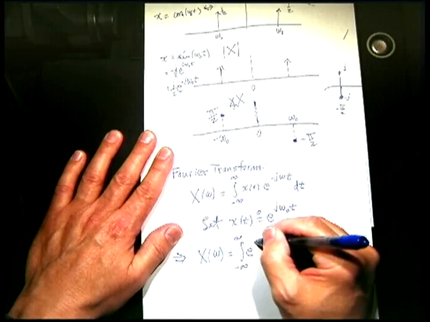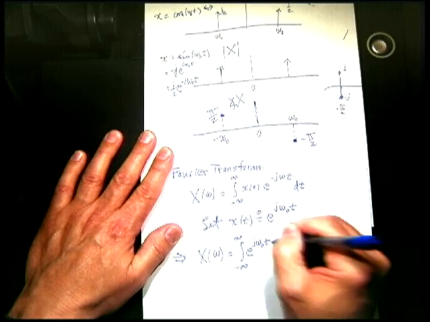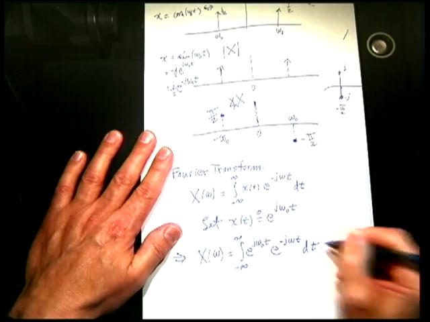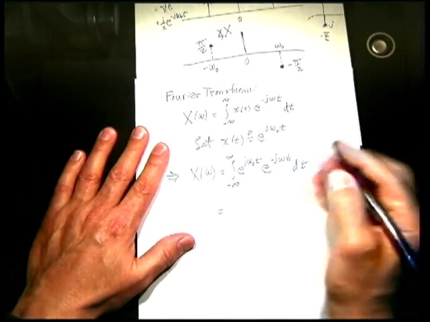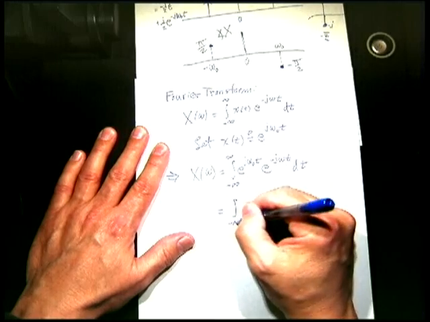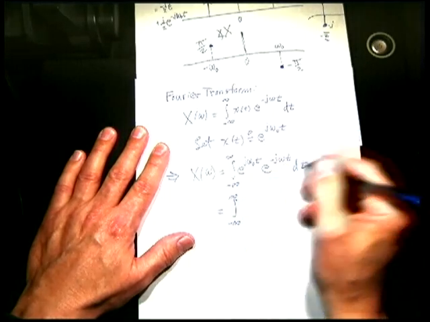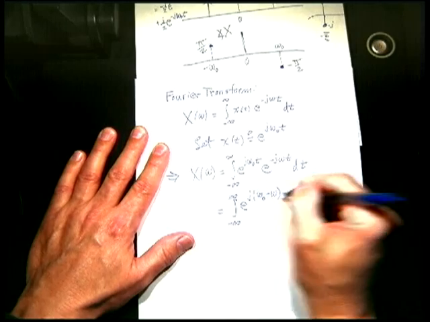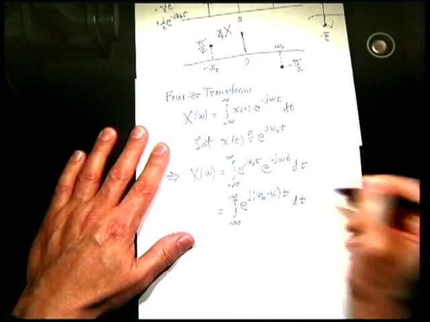Should I write this out in detail? I'll go ahead and write it out a little bit pedantically. It might not be a terrible idea to talk about Dirac and Kronecker delta functions briefly. Well, that's exactly what we're going to run into right now. So this is e to the j (omega 0 minus omega) t dt.